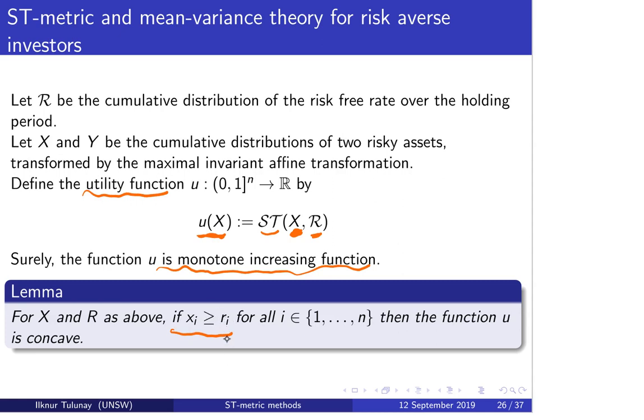If we have a risk-free rate, it means that there is no risk. For the risky assets, return should always be bigger than that. If this is the case, this lemma says that the function u is a concave function.